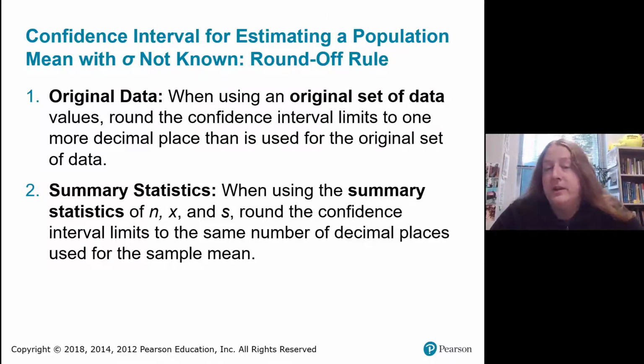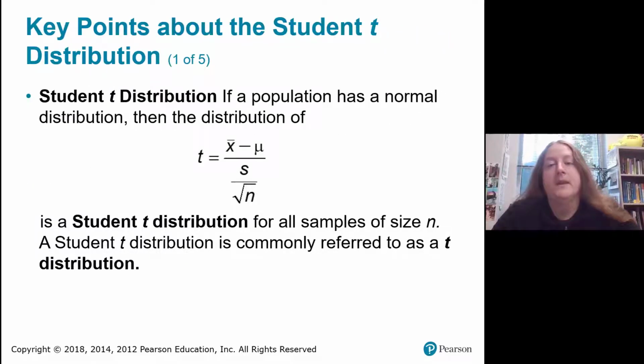And if we instead are using summary statistics, so we're using the sample size, x bar, and s, we're going to round to the same number of decimal places as those things have, because they already have gone through this round off rule. So we want our confidence interval to follow the same round off rules that our mean follows, basically.